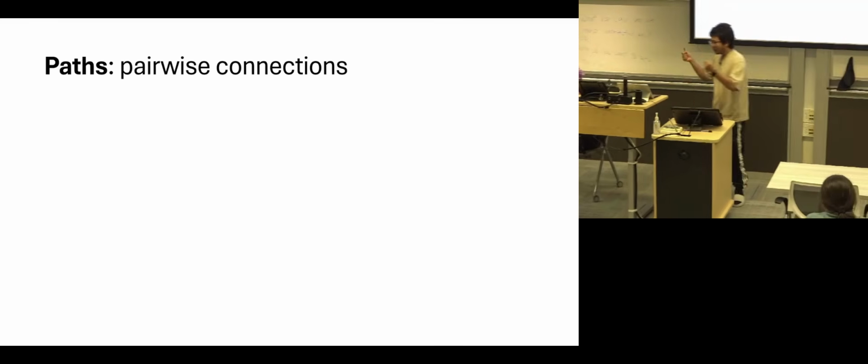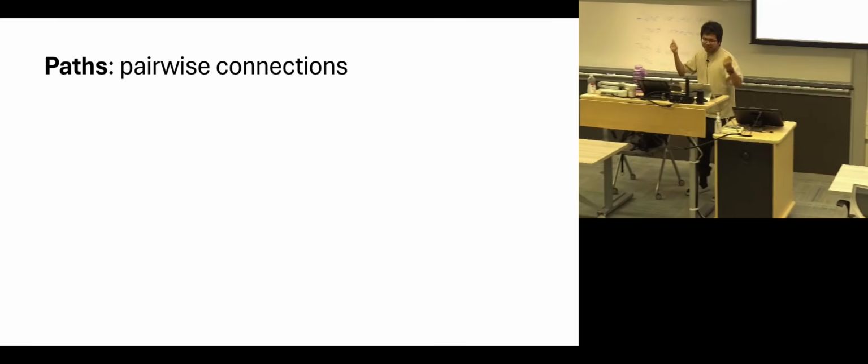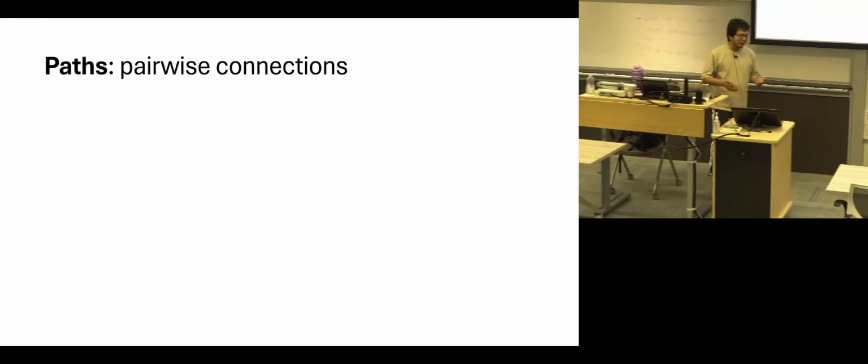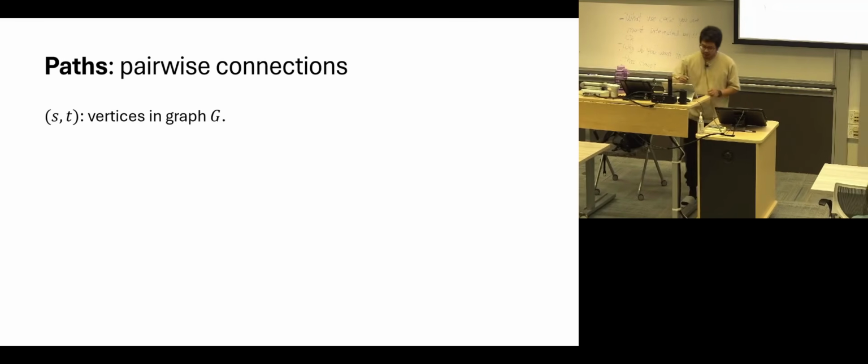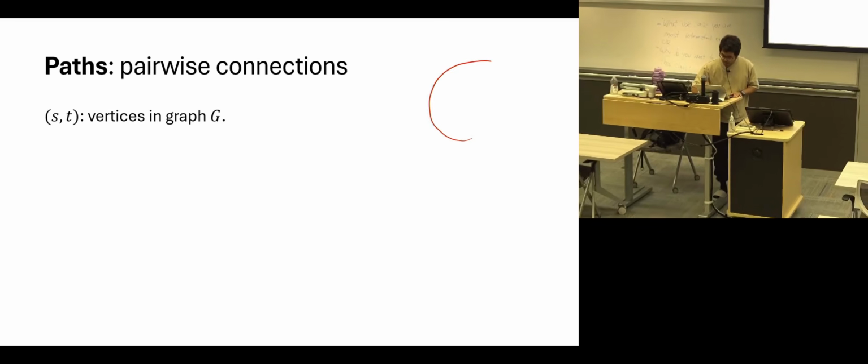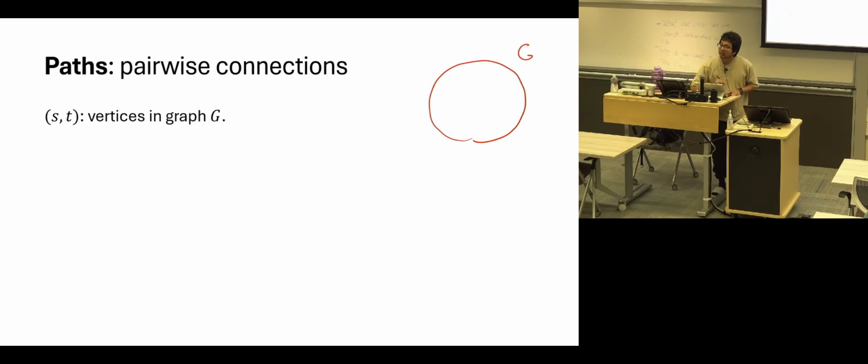When you talk about two things like A and B, you talk about paths in the graph. Imagine that you have a graph, and then you have two nodes S and T. Two nodes, or two vertices.